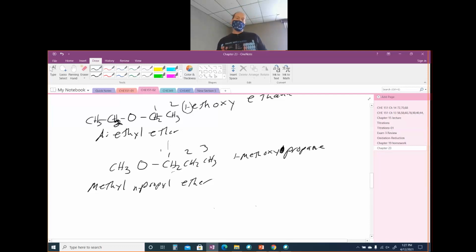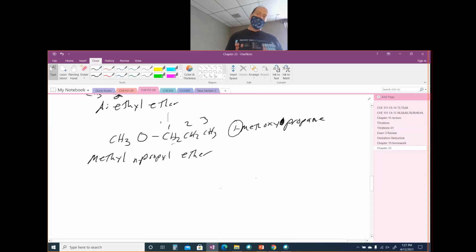All right. So again, this time I didn't say the 1 was optional because it's not. You have to have the 1 here. So 1-methoxypropane. If you just said methoxypropane, well, I wouldn't know if you wanted that one or if you wanted this one.